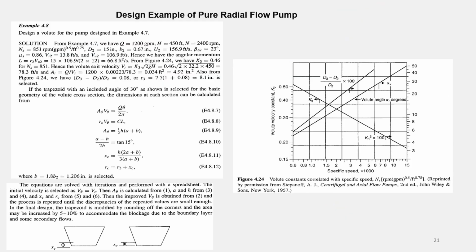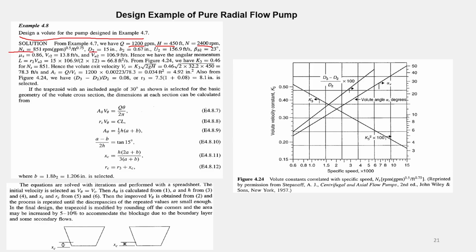Example 4.8 is a continuation of example 4.7, but in this example we want to continue and design the volute of the pump. In example 4.7 we have the flow rate, the head, and the specific speed. From that we calculated the specific speed to be around 850.